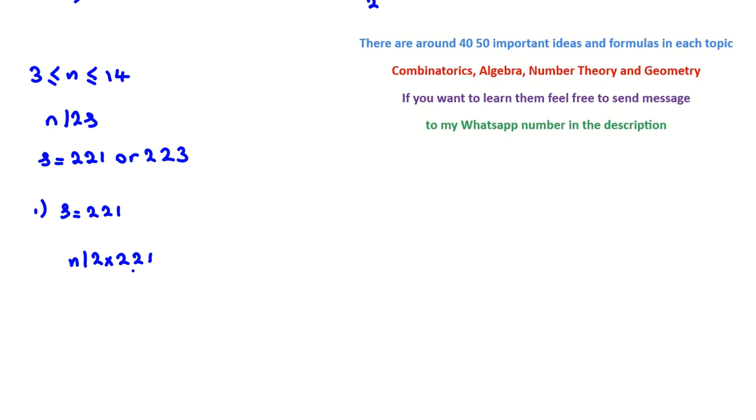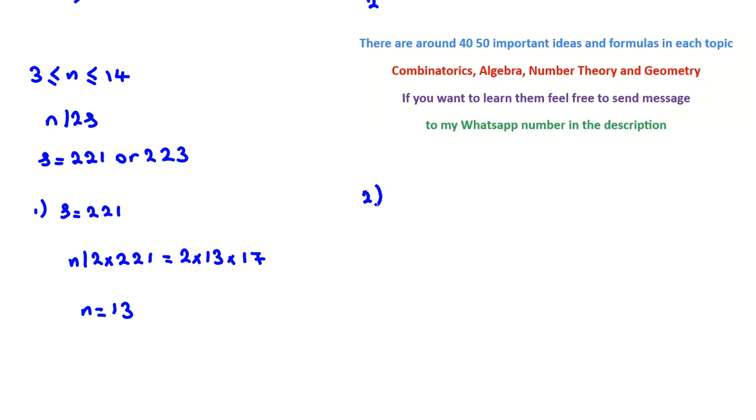Is 221 a multiple of 3? No. 5? No. 7? No. 11? No. 13? Yes, it's a multiple of 13, 13 times 17. So 2 times 13 times 17. N is from 3 to 14, so n can only be 13, since 2 times 13 is 26.